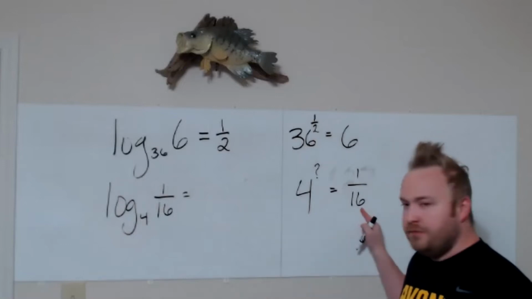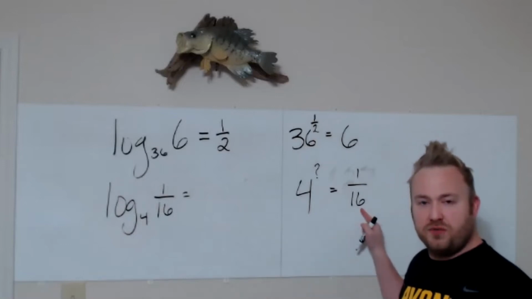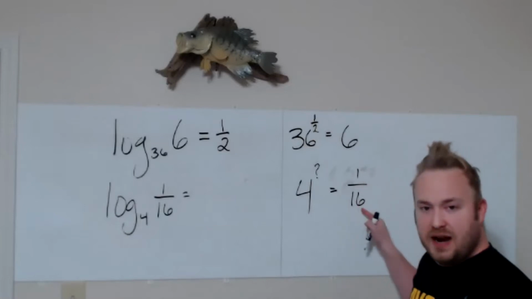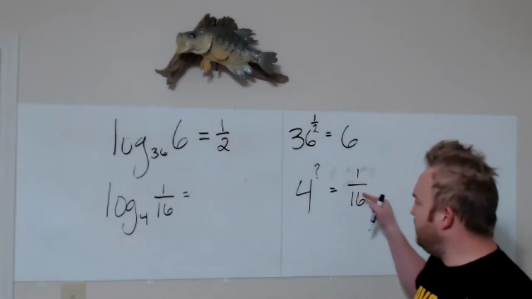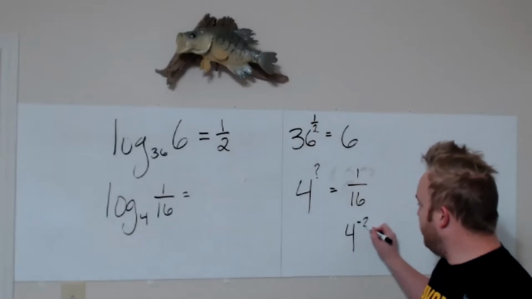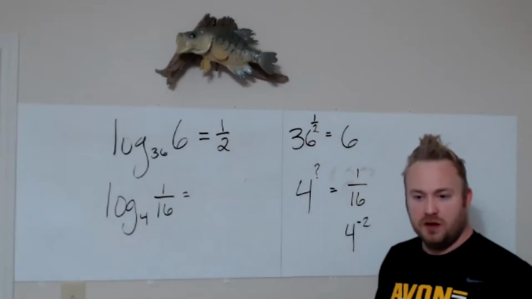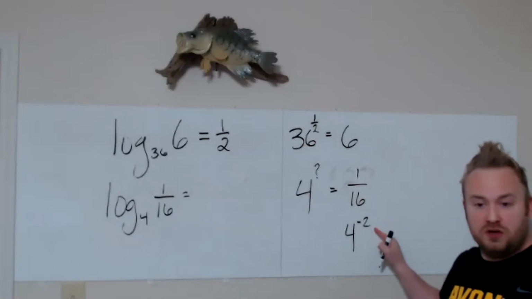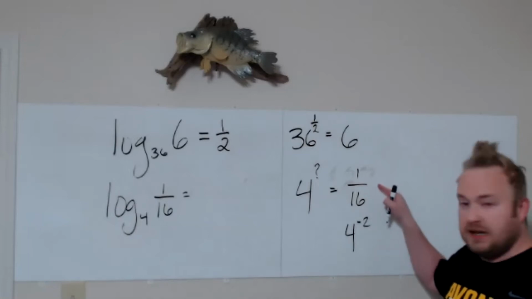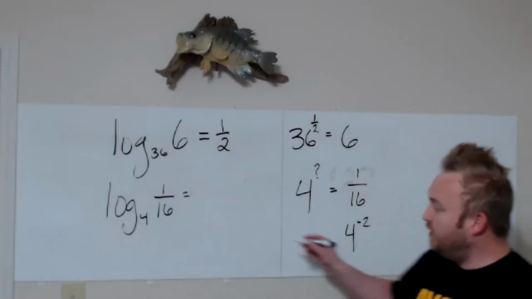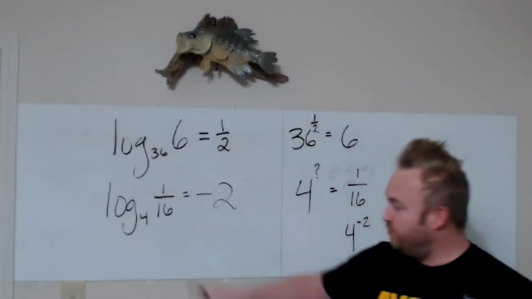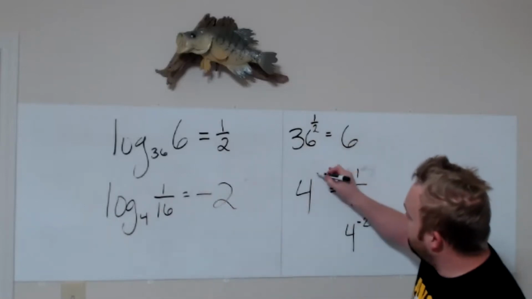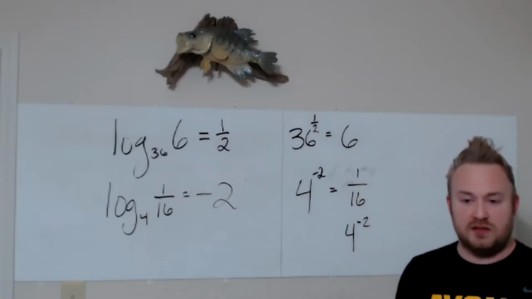Well, geez, isn't 16 just 4 squared? And since that's in the denominator, couldn't I write that as 4 to the -2? So what exponent do you need on 4 to get 1/16? You need -2. 4 to the -2 is 1/16.